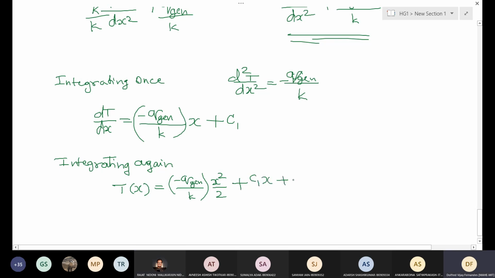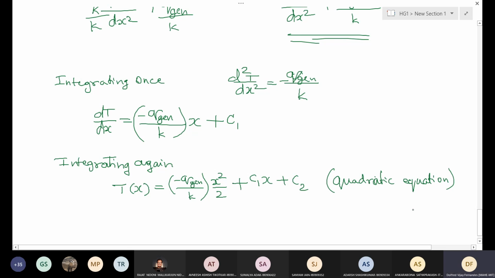So this is actually the temperature profile within the wall. Is it linear? Not linear, it is quadratic. So it's a non-linear temperature profile that we get.